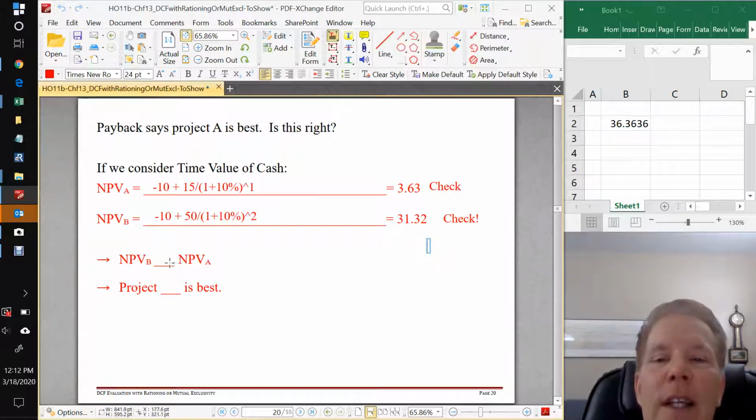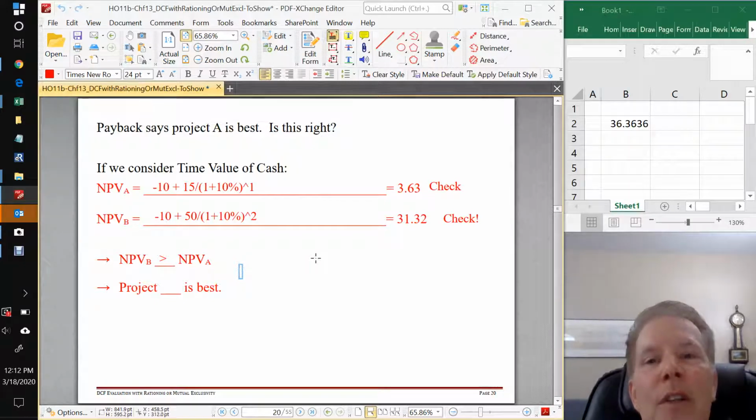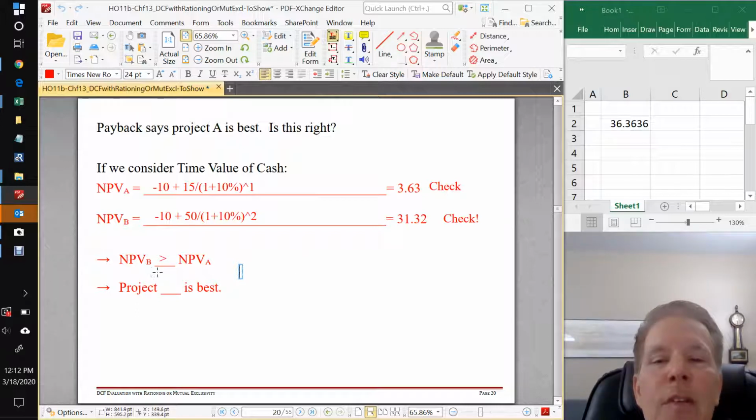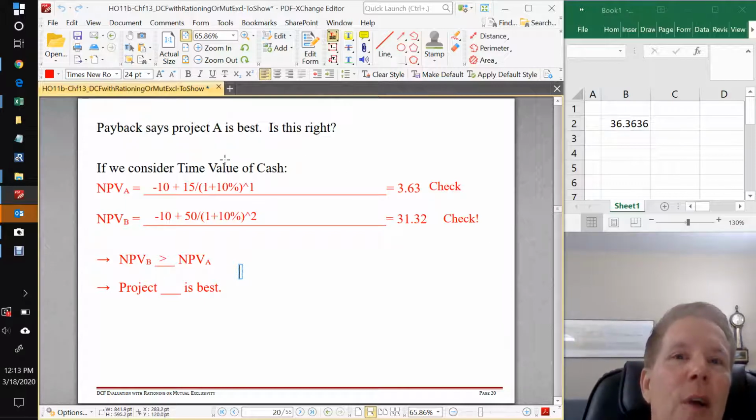So once again, the NPV is telling us that project B is best, even though another method told us project A is best, right? NPV of B is bigger than A. In this case, it's fine to do this kind of analysis even though the projects are not of equal length.